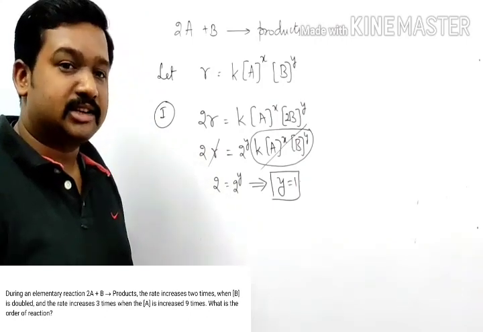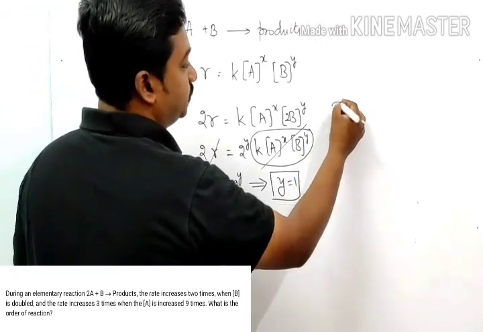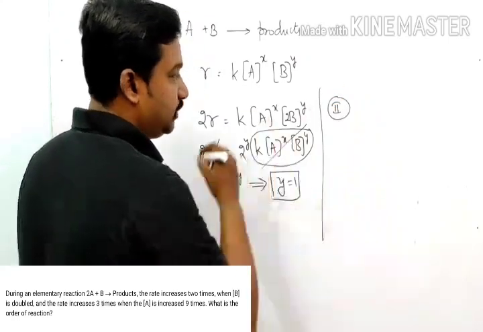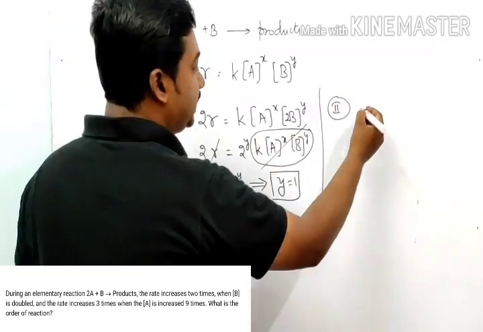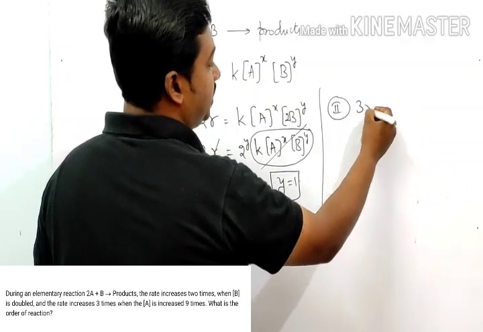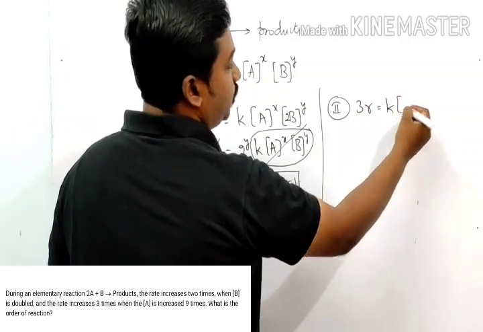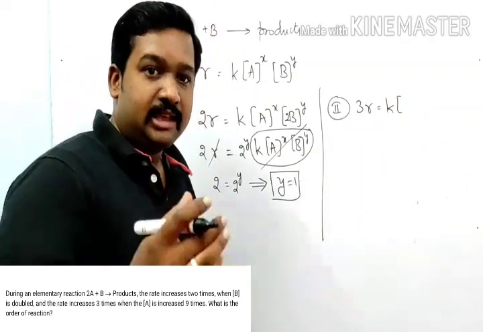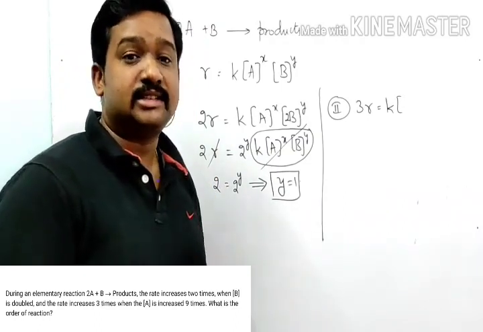Okay, apply the next condition. Condition number 2. According to that, the rate increases 3 times, that is 3R is equal to K into concentration of A, but A here is increased 9 times.